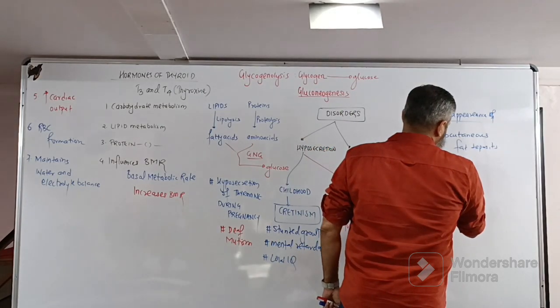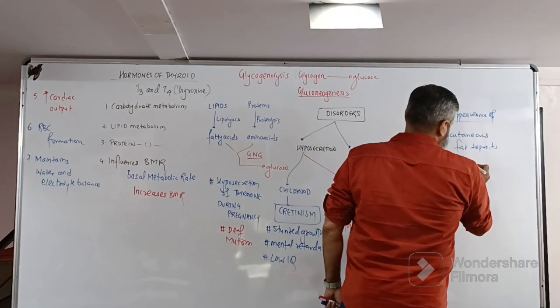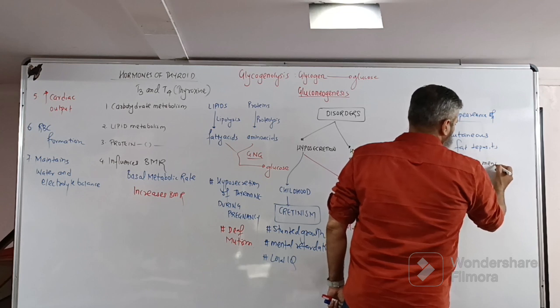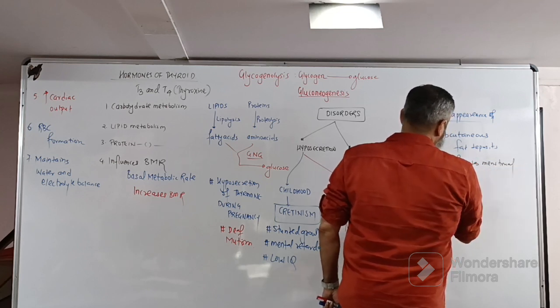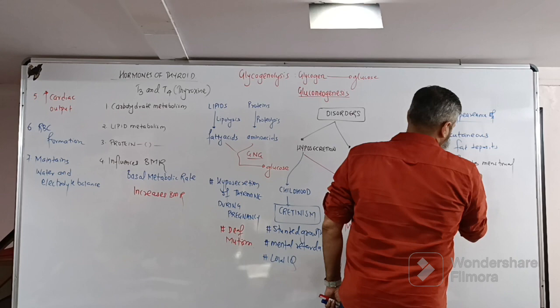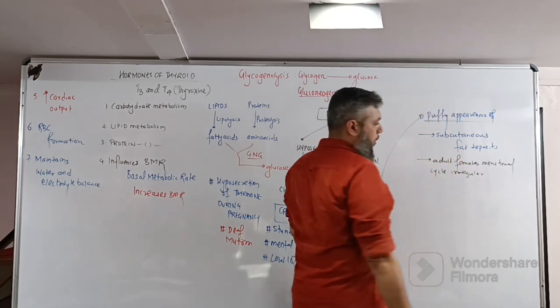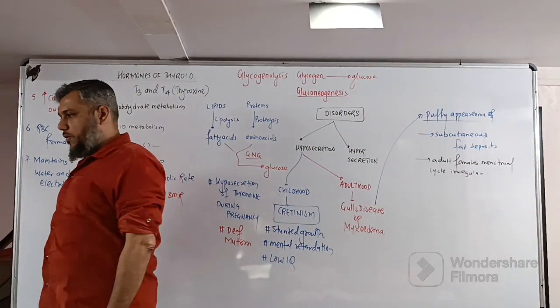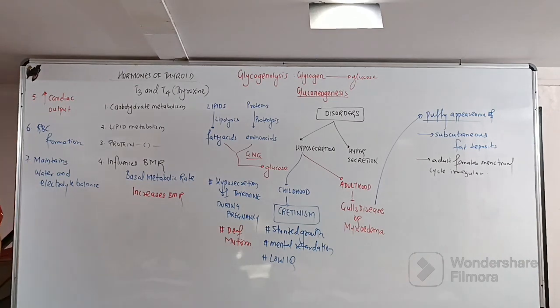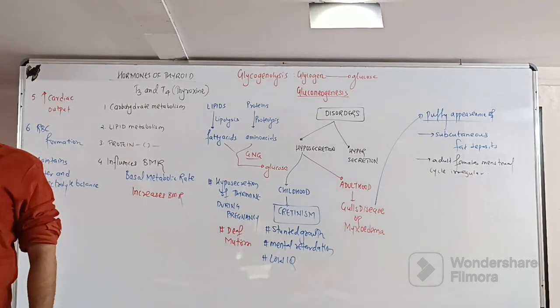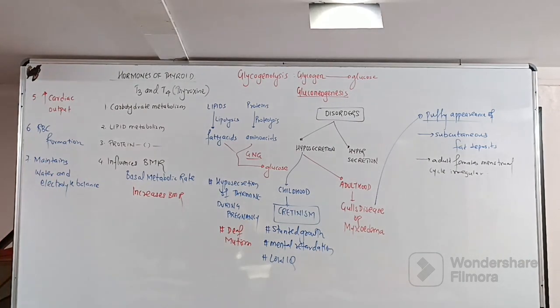In adult females, it can cause the menstrual cycle to become what, bachalo? Irregular. Because you have seen that. One point I said which is not there in the NCERT text is that it also helps in gonadal development. बराबर है?